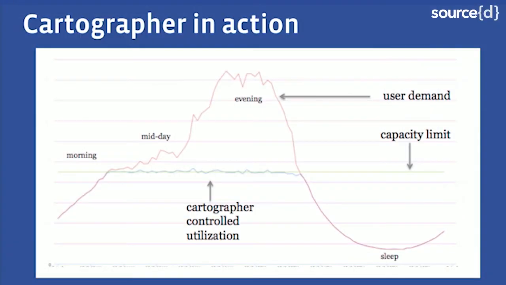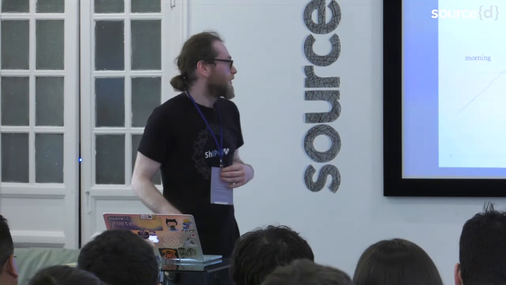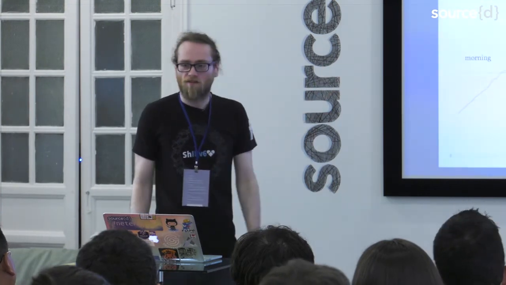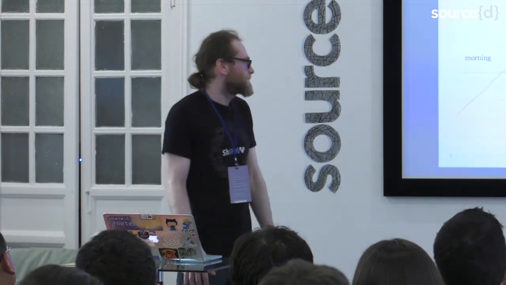So this is an example of Cartographer in action. The light green line going across is our actual capacity limit. This is what we think our max RPS is based on our traffic and CPU capacity and whatnot inside this POP. And this orange line here is actually the user demand. This would be the traffic we would send to this POP if Cartographer did nothing. And obviously, we would try and send much more traffic to it than we can actually handle.